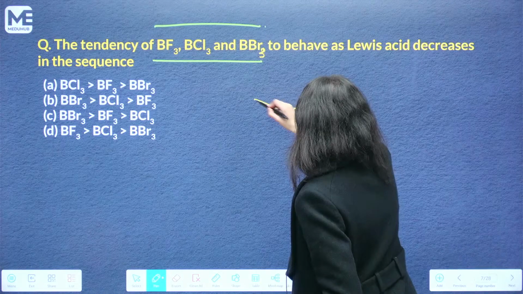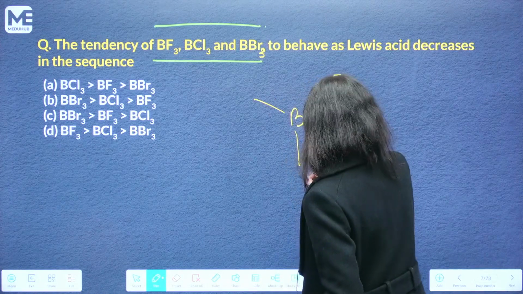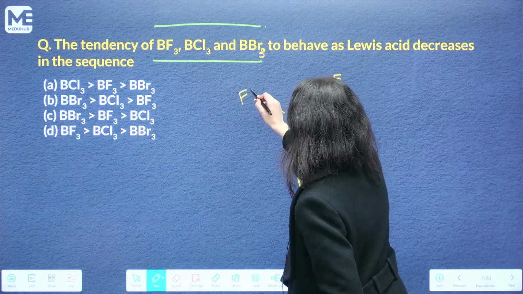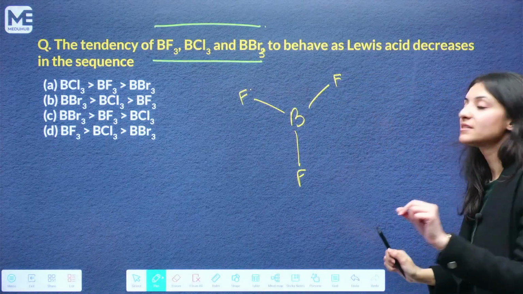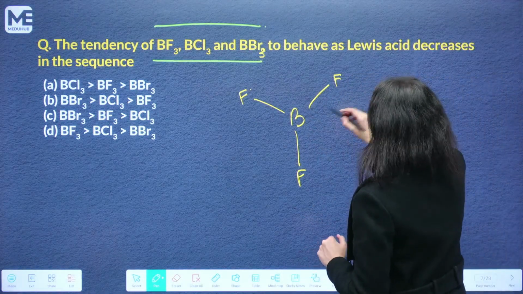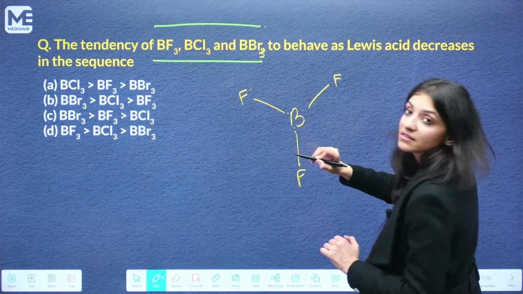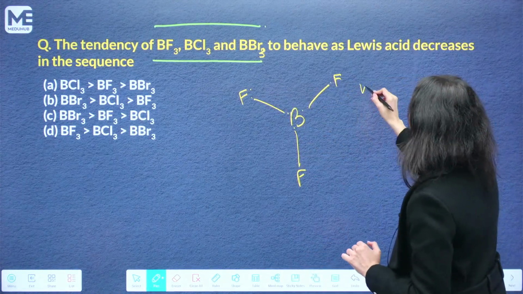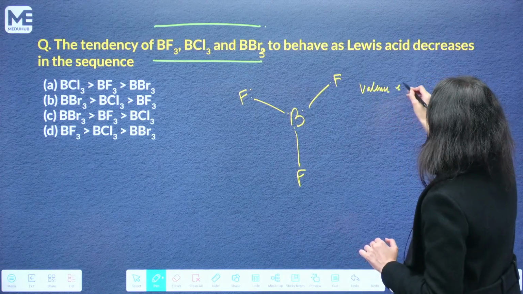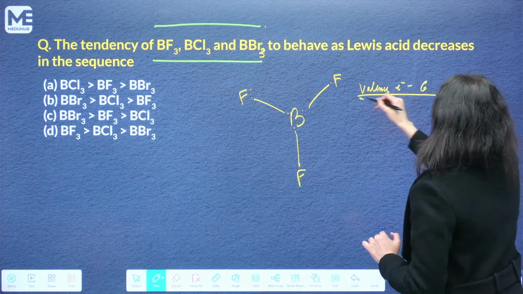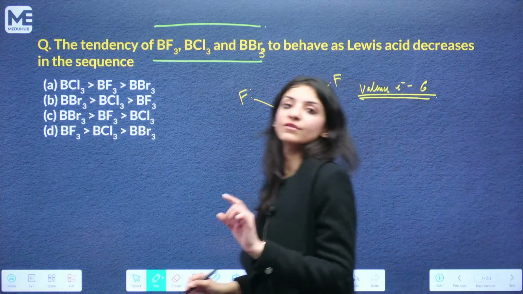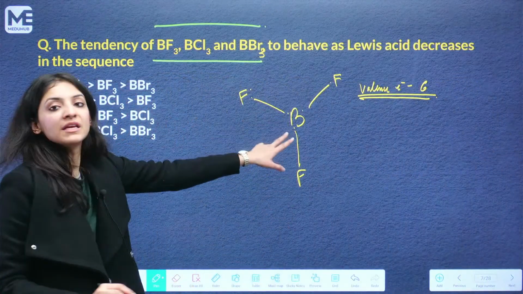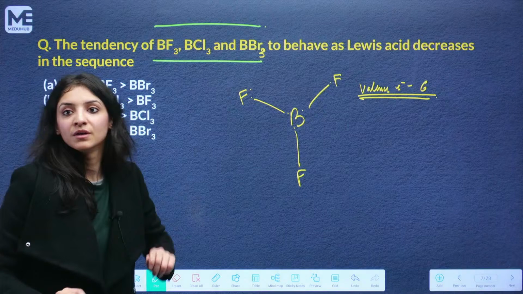Let's talk about the trifluoride of boron, BF3. Why is it behaving as a Lewis acid? We already discussed. It has 3 valence electrons. 1 electron comes from fluorine each, so total valence electrons is 6. This is not a noble gas configuration, and hence BF3 is an electron deficient compound.